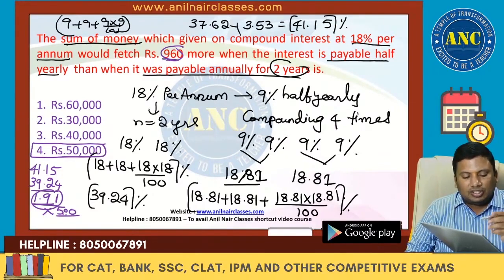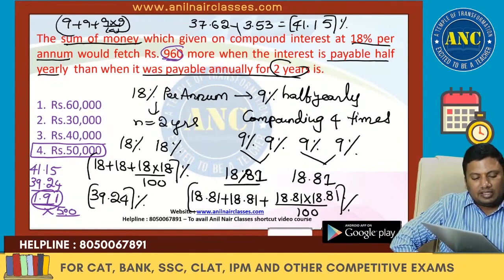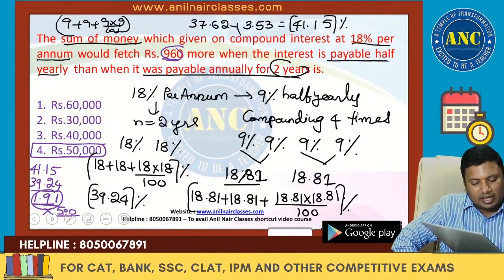I want 960, so 100 into 500 is 50,000. The answer is 50,000. I hope the idea is clear. Next one.